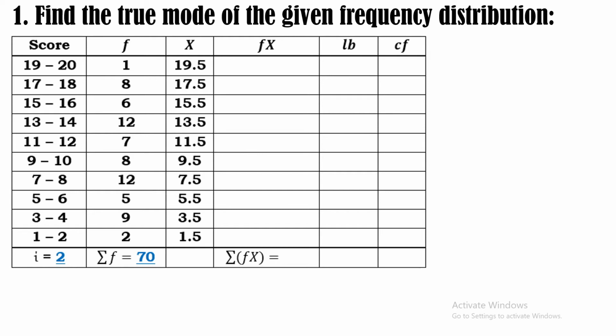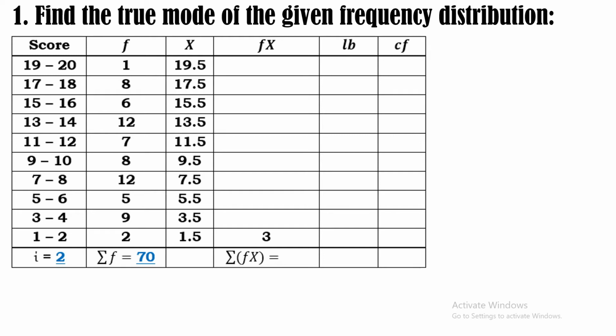Now, for the fx column, we simply have to multiply the frequency by the class mark. So, for the class interval 1 to 2, we have 2 times 1.5, that is 3.